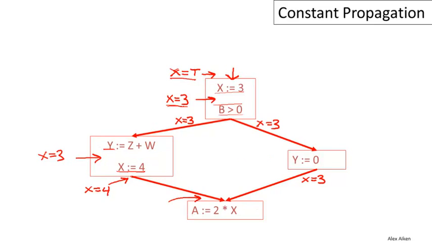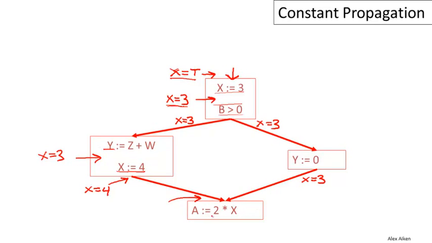So intuitively, after x is equal to 4, we know that we're still on this path over here on the left, and so we know that x is equal to 4. And over here, after y is equal to 0, we still know that we're on this path as x equal to 3. But when we reach the point before a equals 2 times x, we no longer know which path we're coming from. This is the point of the merge of these two paths that both lead to this statement.